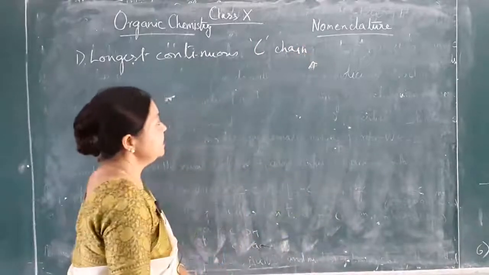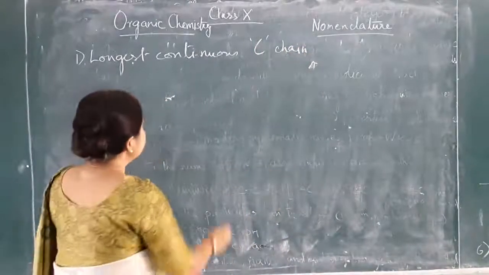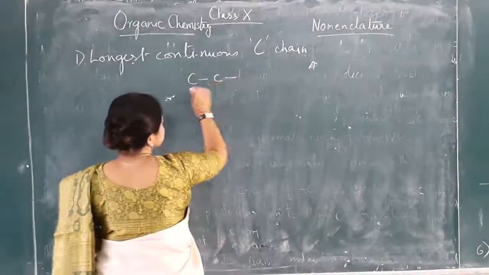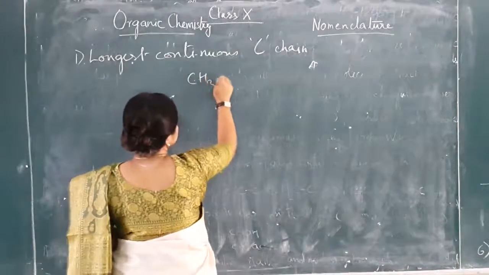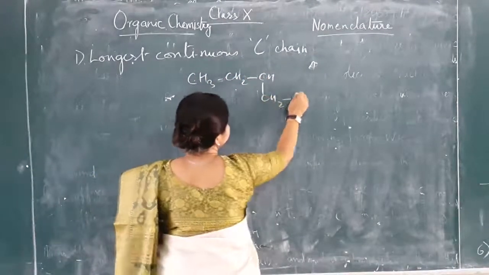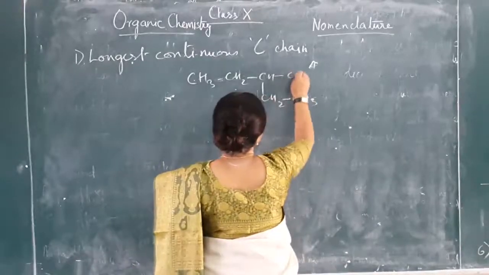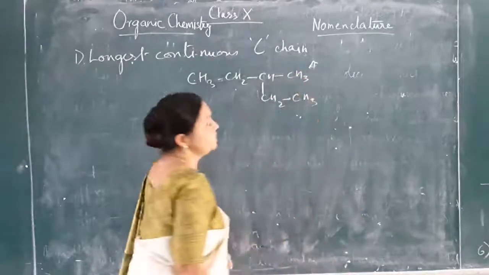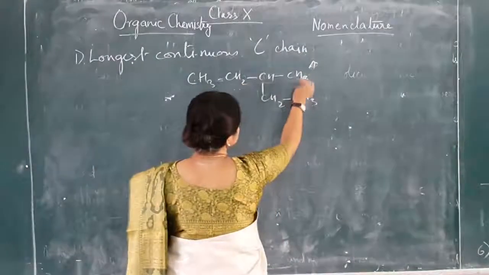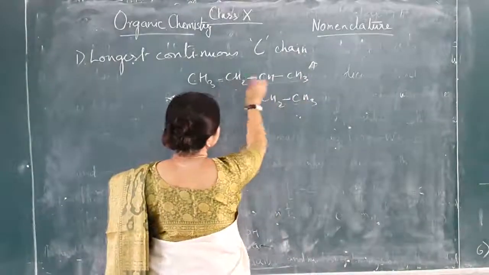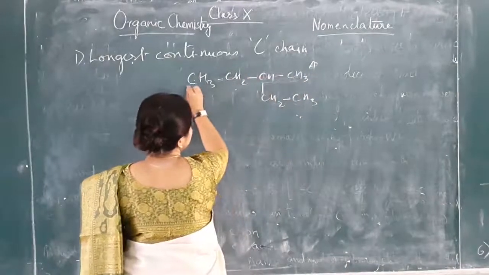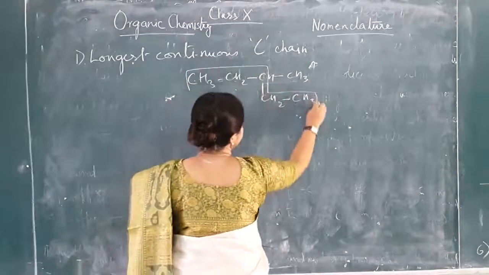Longest continuous carbon chain means, suppose I am just writing the skeleton: CH3, CH2, CH, CH2, CH3, CH3. Suppose this is the compound. This is not the longest continuous chain, there are 1, 2, 3, 4 carbons only. Here there are 1, 2, 3, 4, 5 carbons. So which is the longest continuous chain?